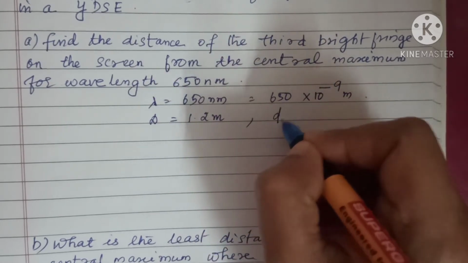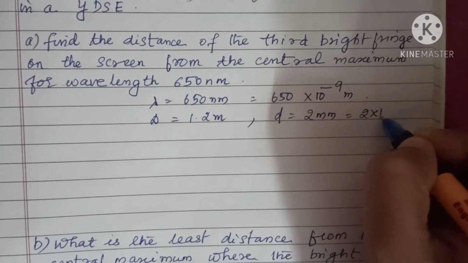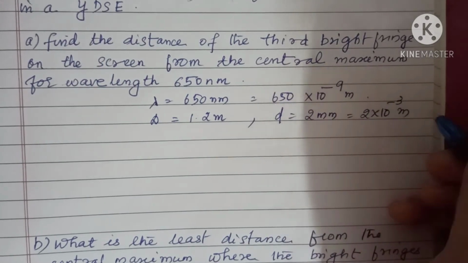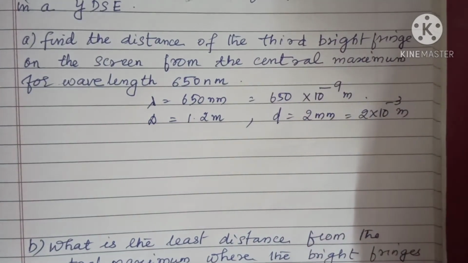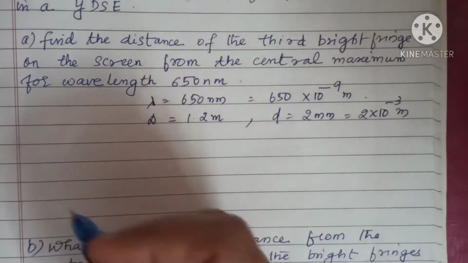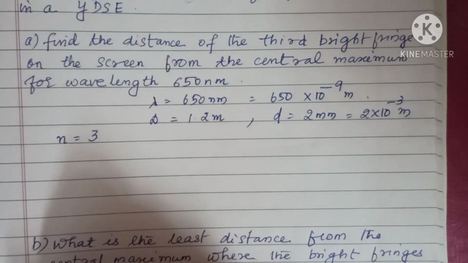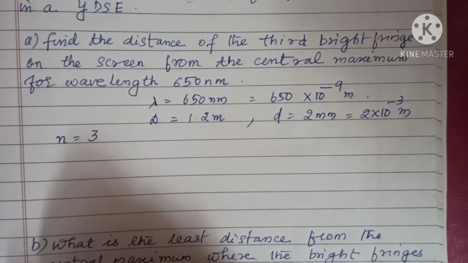Small d is 2 millimeter, which is 2 into 10 power minus 3 meters. Now we have the number, that is third bright fringe, so I can write n is given as 3 from the central.